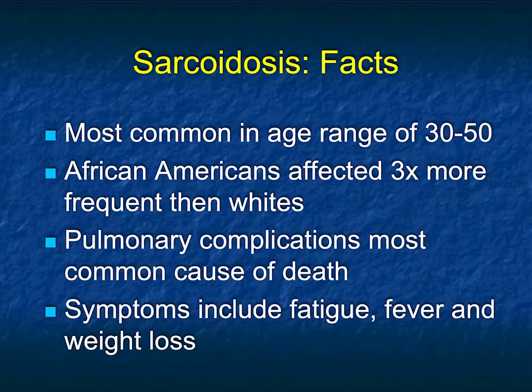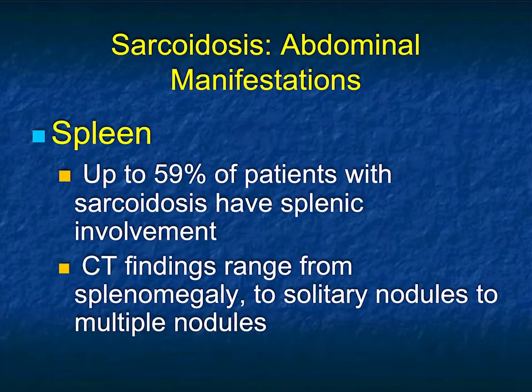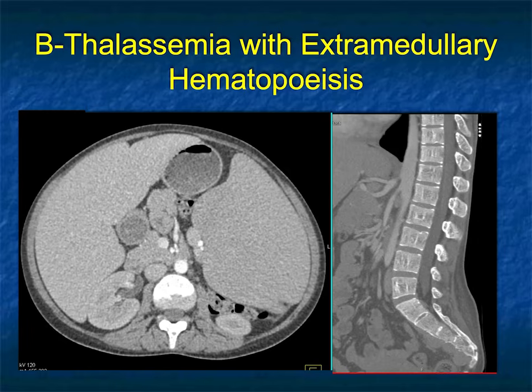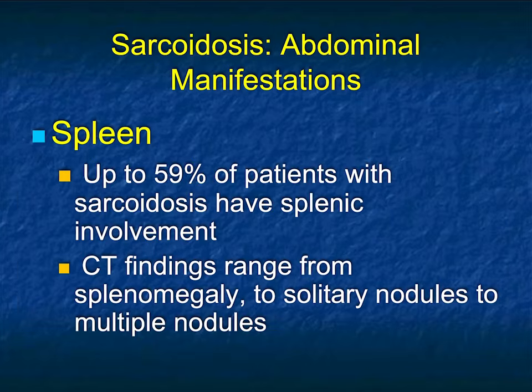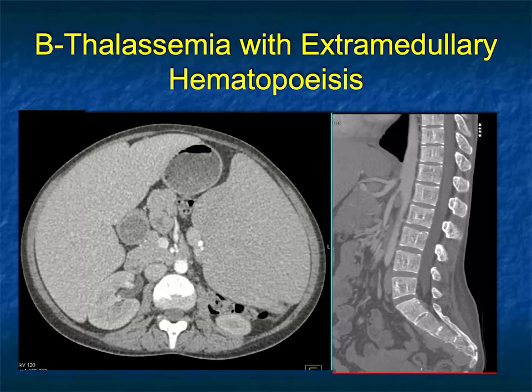And symptoms, fatigue, fever, weight loss are good for sarcoid, but are good for many things, surely malignancies. And again, the appearance of sarcoid, as we mentioned, in the spleen, and this is also true in the liver, is focal nodules, single nodules, multiple nodules, or diffuse infiltration.